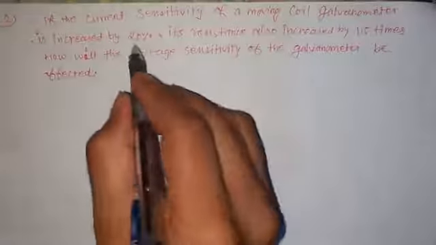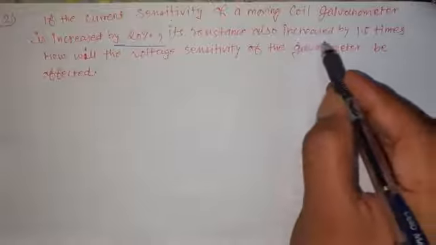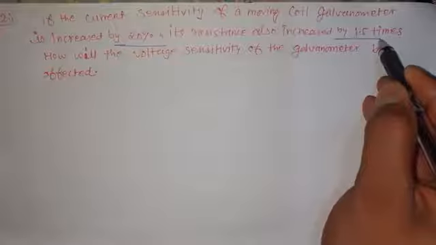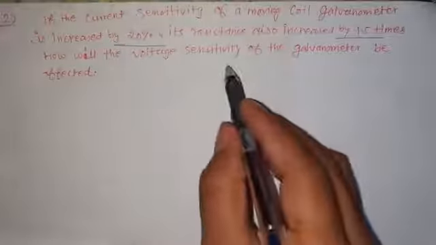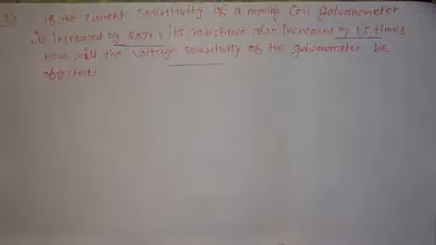So we have to look here. First, what is given to us is a 20% increase in the current sensitivity and a 1.5 times increase in the resistance, and we have to find the voltage sensitivity.